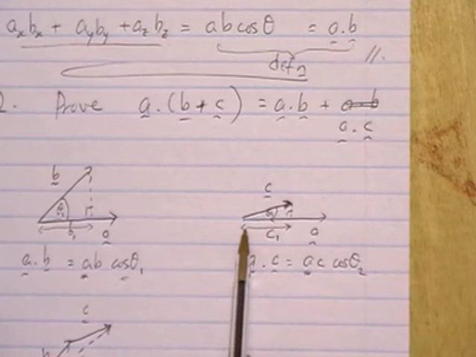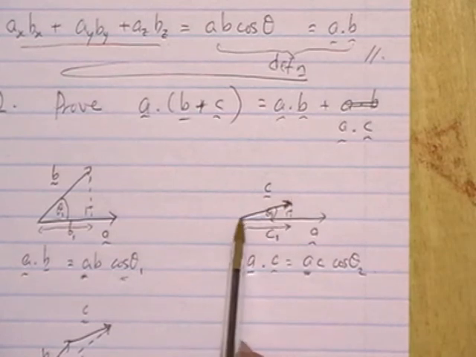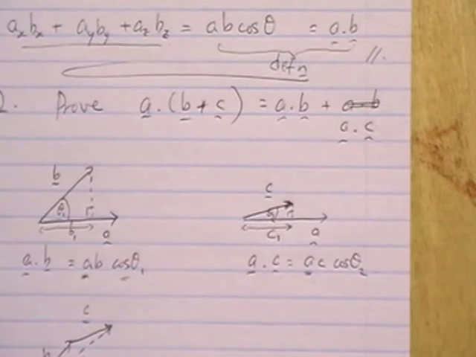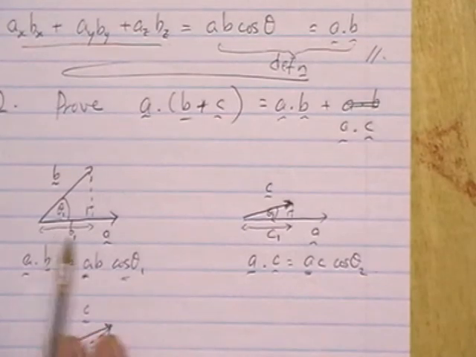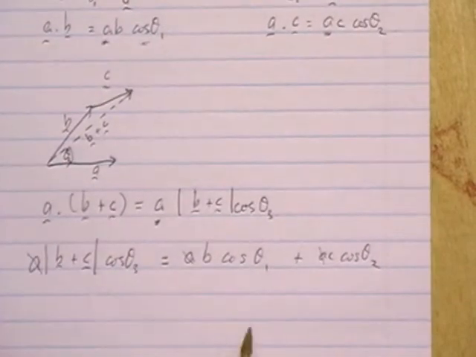So C1 is just the length of the component of C along the vector A. So we do have this physical meaning for those two terms.